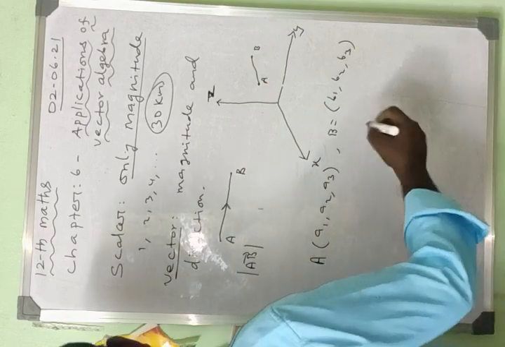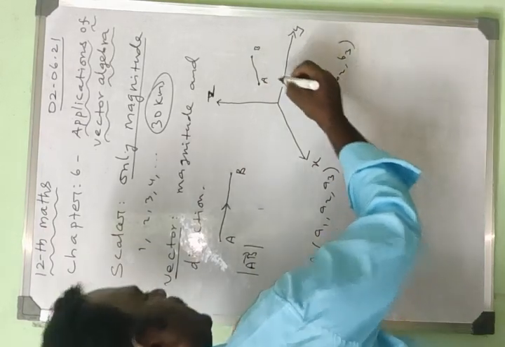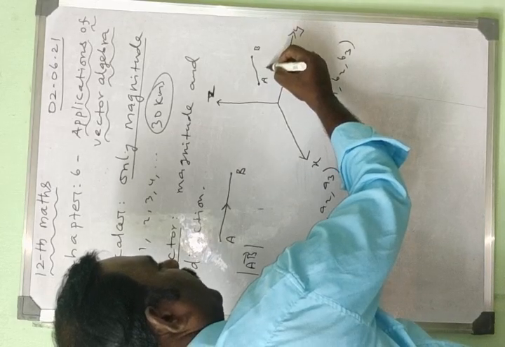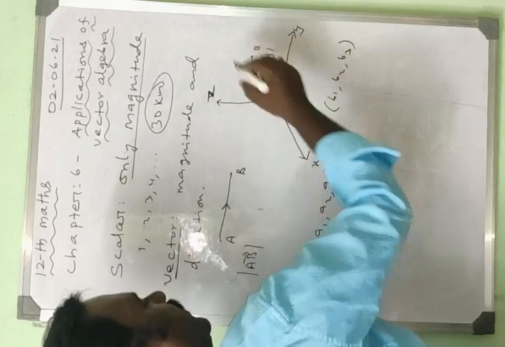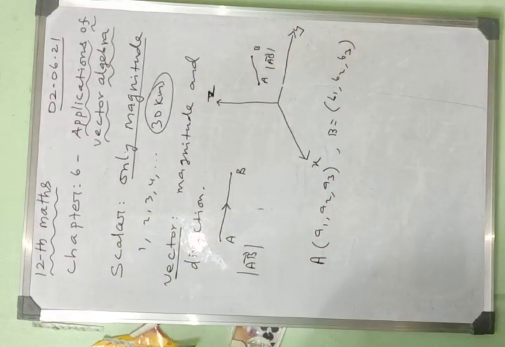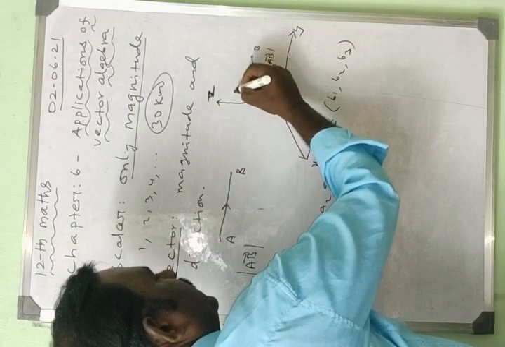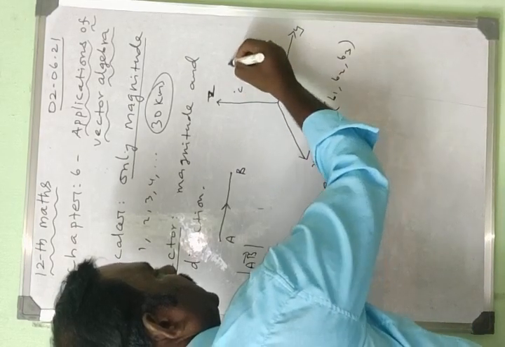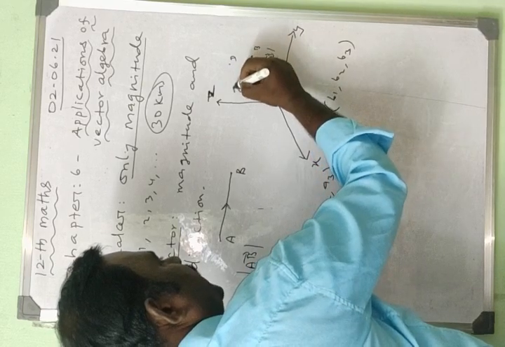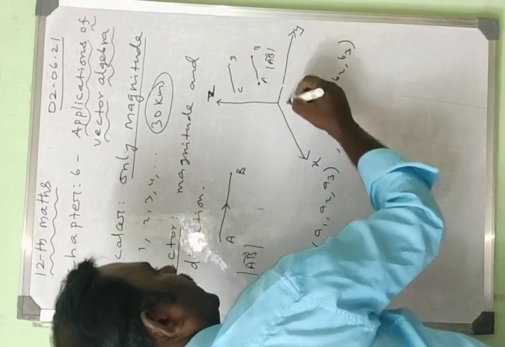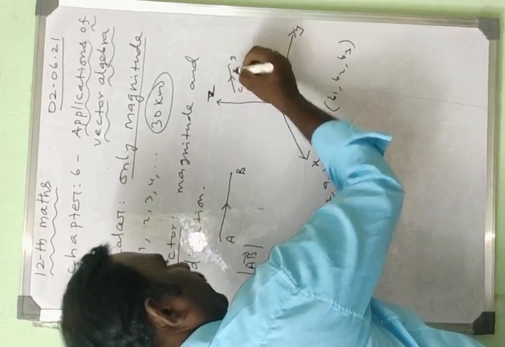The length of the line segment, we put mod of vector AB like this. This is length of the line segment AB. Next we take here initial point C, here we put D, join 2 points. This also one line segment, this direction that like going.